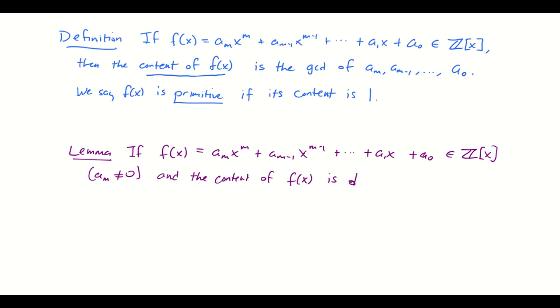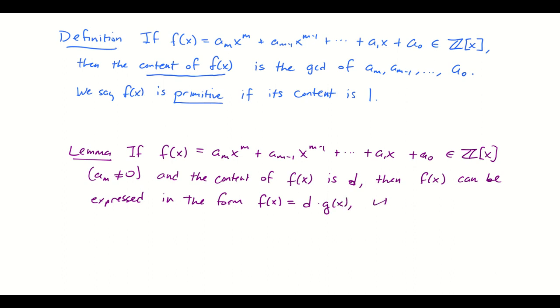We'll call it d because it's the GCD of several numbers. Then f of x can be expressed in the form f of x equals d times g of x, where g of x is primitive.